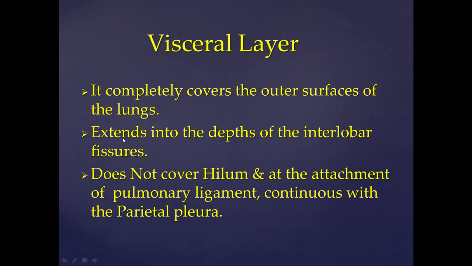It extends into the depths of the interlobar fissures. The lungs have various lobes which are divided by various fissures. The visceral layer does not cover the hilum and the attachment of the pulmonary ligament. It is continuous with the parietal pleura.